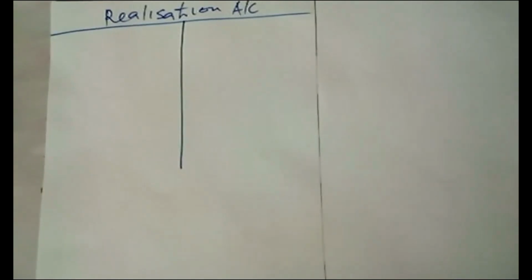So after we are done with the first requirement, the next requirement was the realization account. So what am I supposed to record there? I said last time, remember that since the partnership is coming to an end, things like asset accounts must be closed.